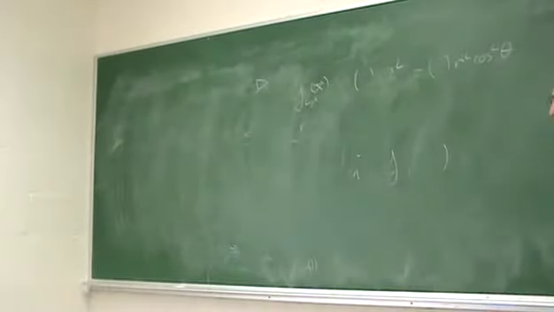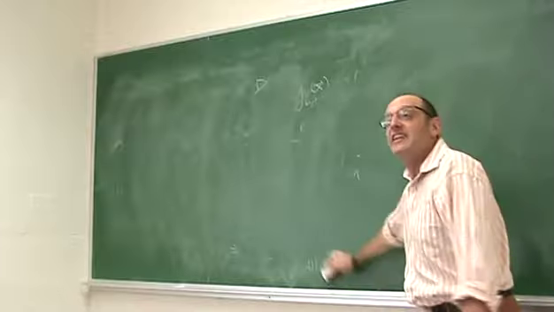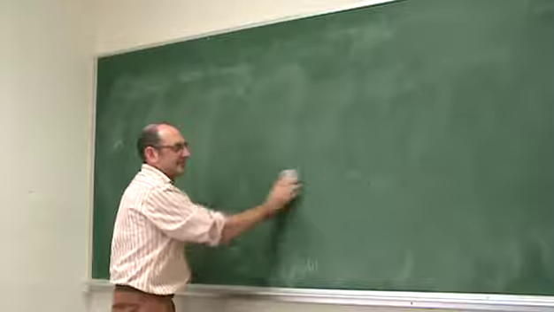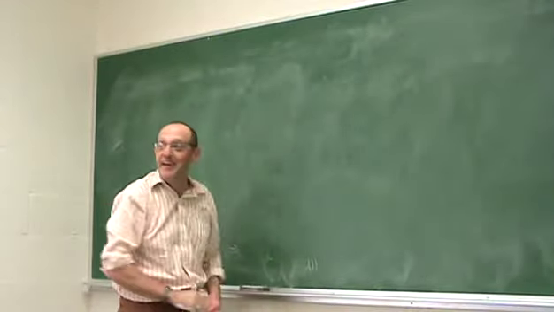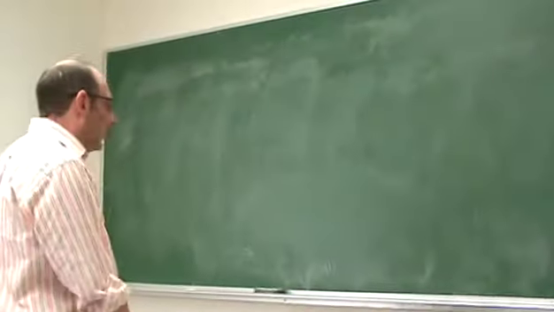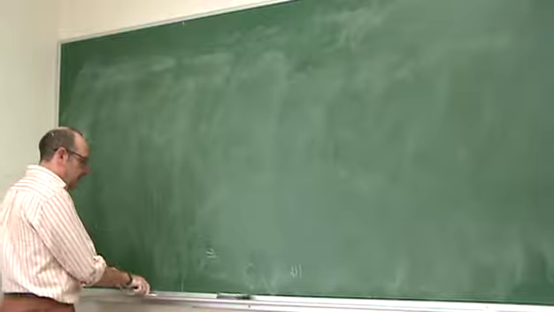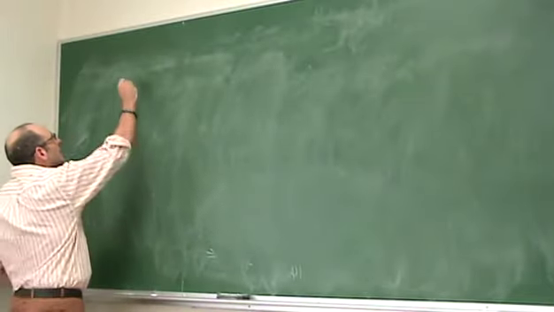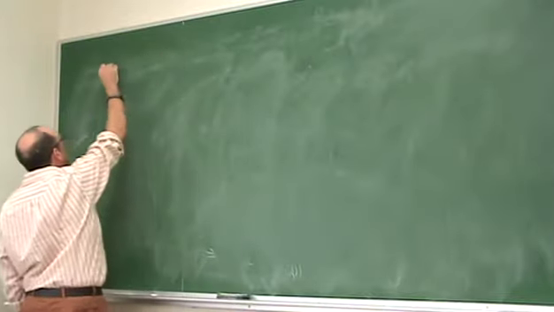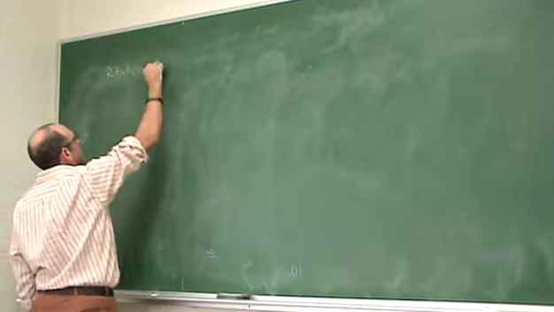Now, why do we care? There's a lot of math, a lot of definitions. Let's think about the physics now. Of course, I'll have to do some math to do that too. One of the things we were interested in is rotational symmetry.